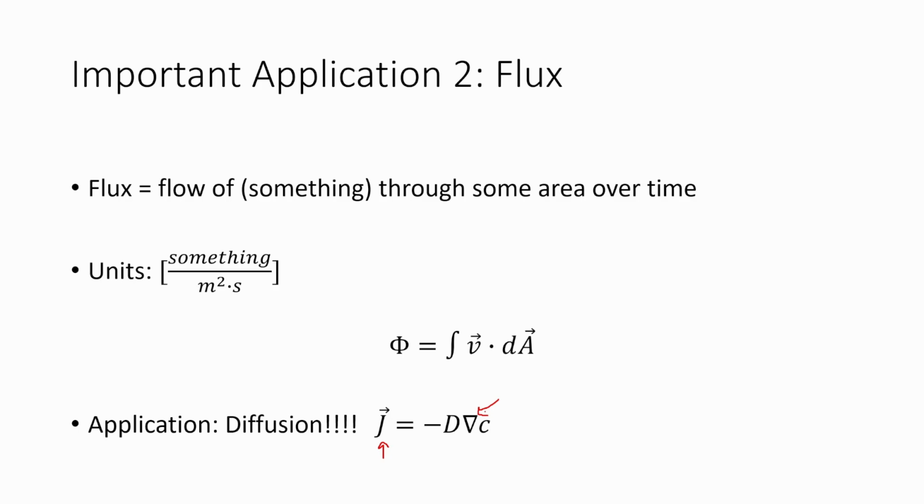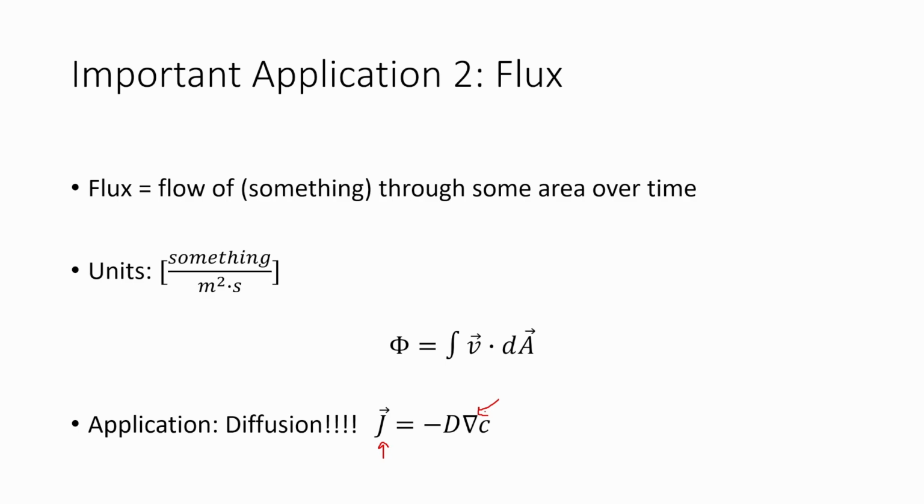So what's happening here is you would say, okay, I know my concentration scalar function. I know how much concentration is at each place in my region that I'm studying. Based on those differences in concentration, there will be directions where the change of concentration is the greatest. And that direction of greatest concentration change leads to flow of particles because they want to go from more concentrated to less concentrated areas.